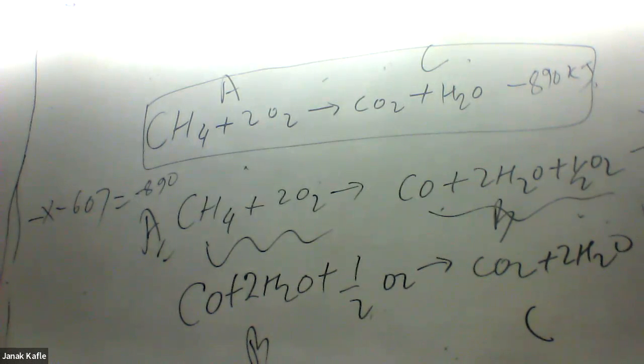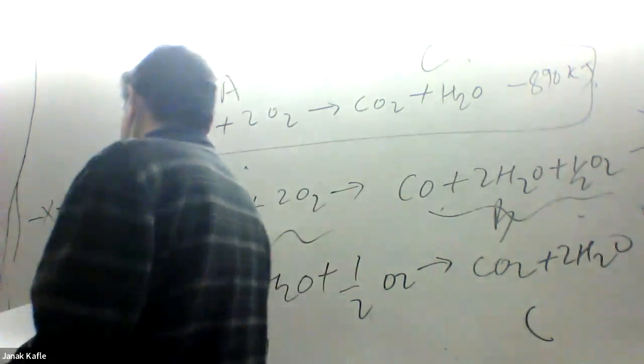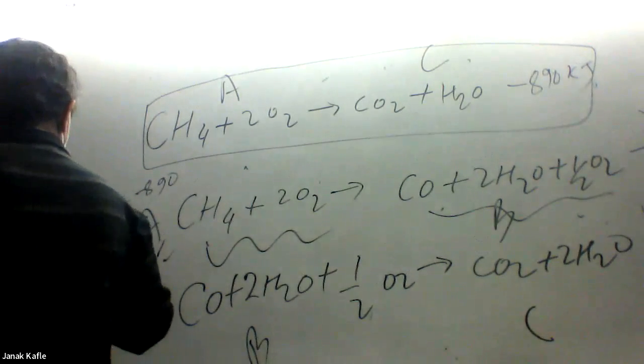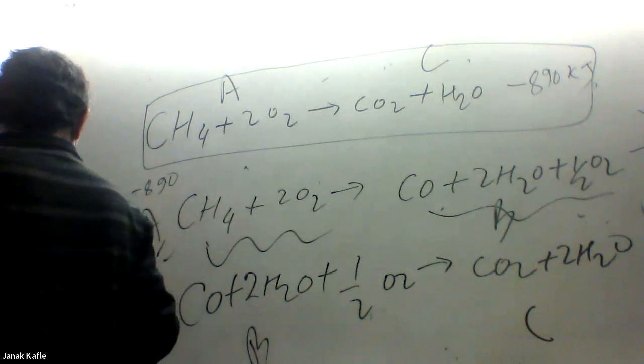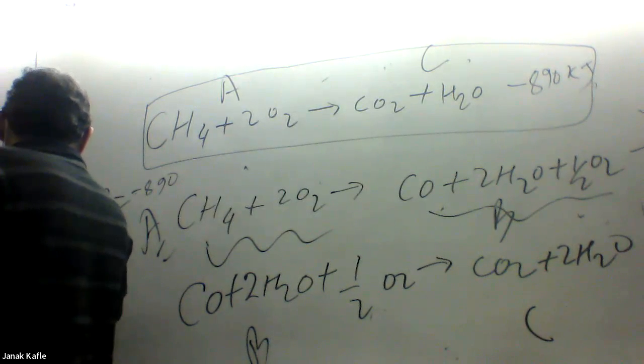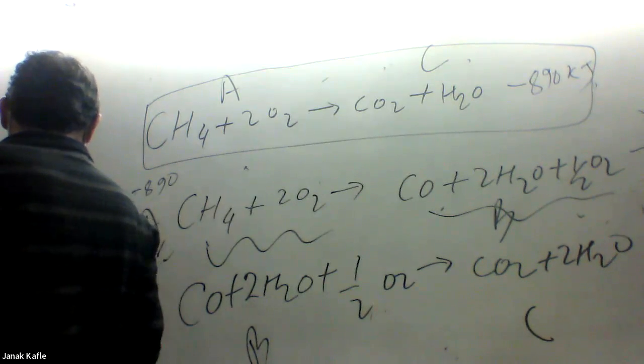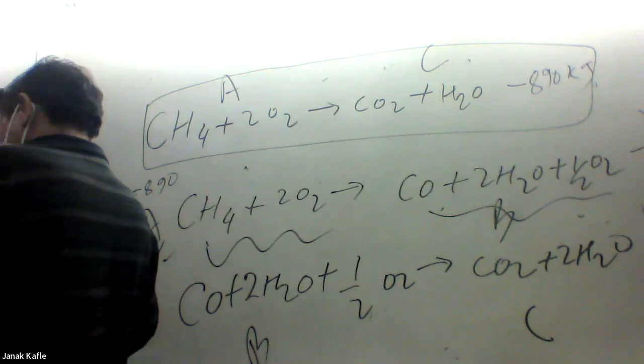Got it? So now let's calculate that one. Basically minus 890, kilojoules. So minus x is equal to minus 890 plus 607. That gives me how much?